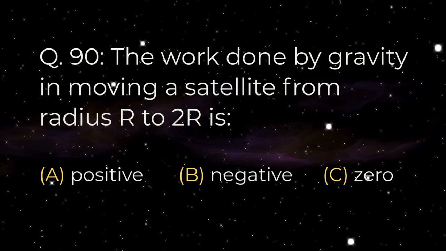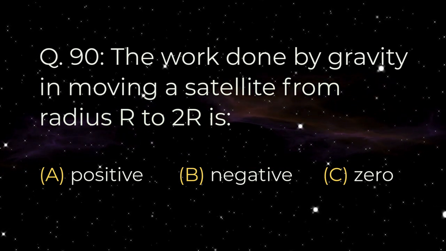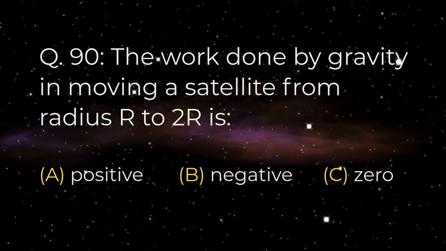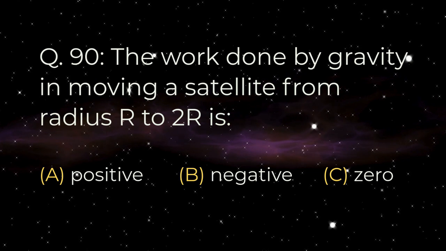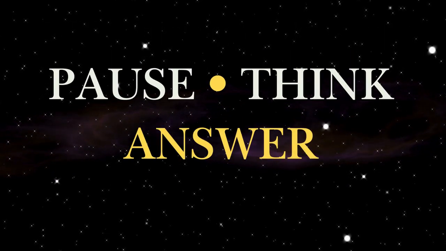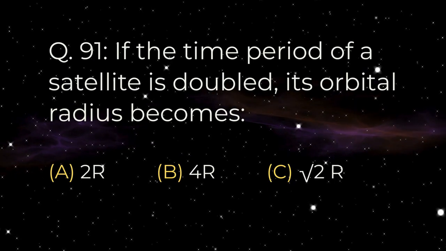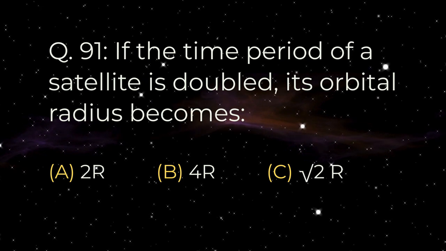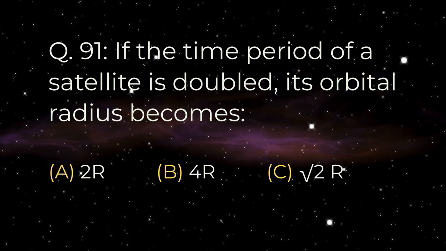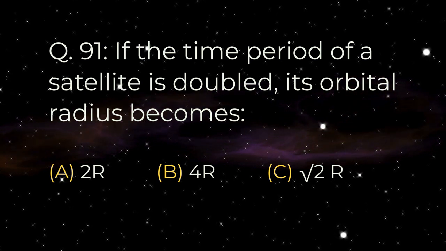Question 90. The work done by gravitational force in moving a satellite from radius r to 2r is: option A, positive; option B, negative; option C, 0. Question 91. If the time period of a satellite is doubled, its orbital radius becomes: option A, 2r; option B, 4r; option C, root 2 r.